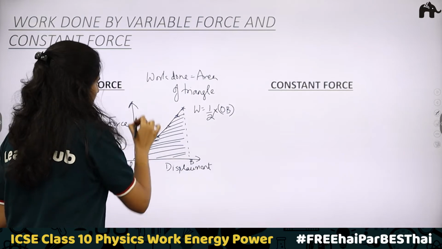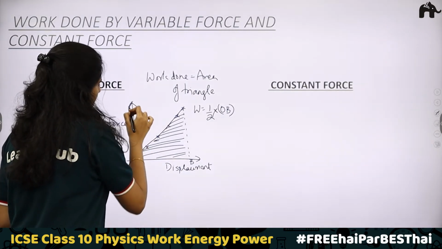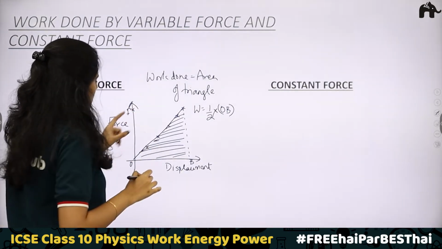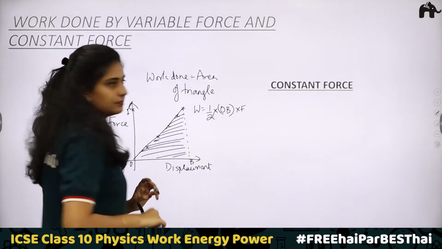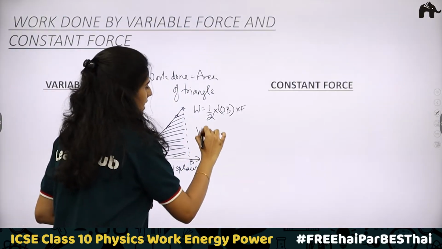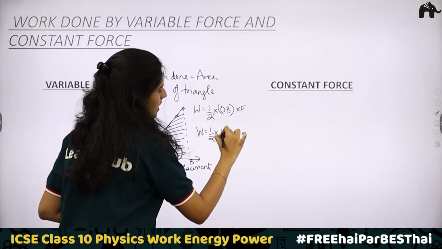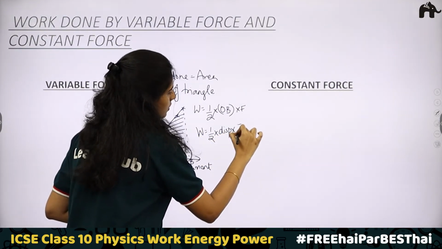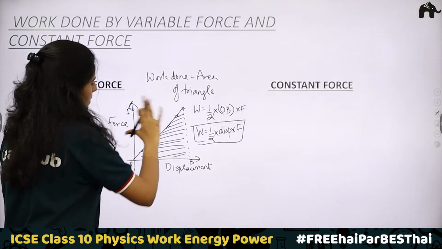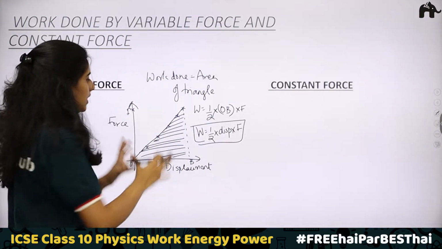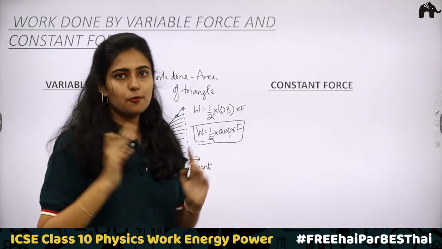Here we have force. Let's say a force of F is being applied here. Here work done will be half into displacement into the force. This will be giving you the area. Area is the work done.